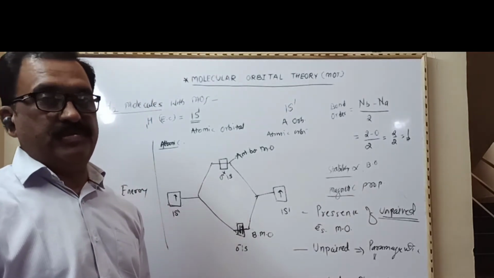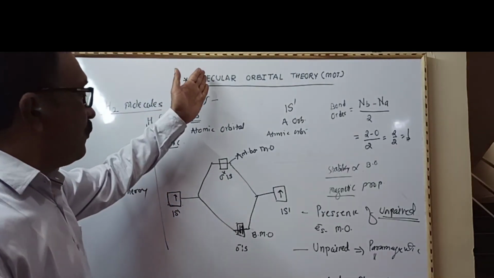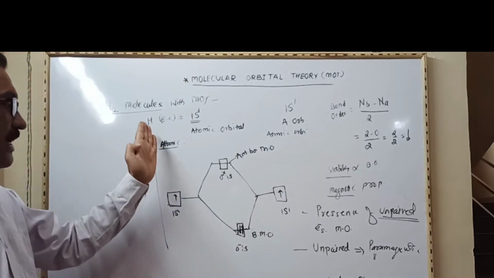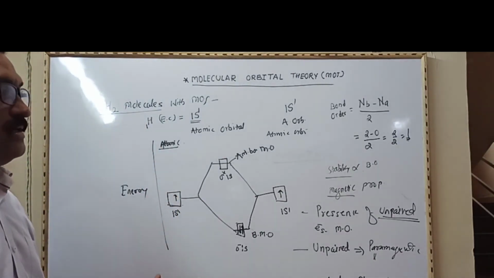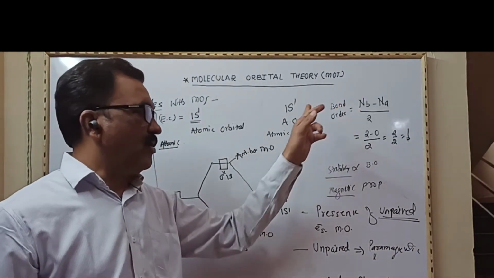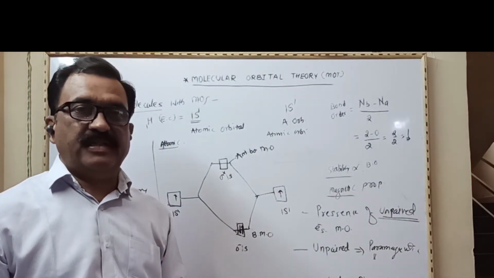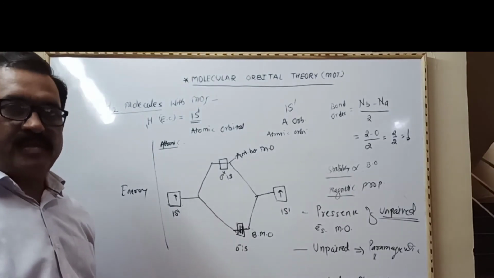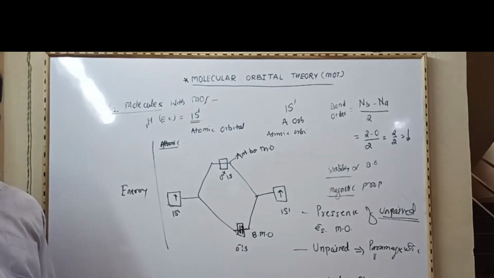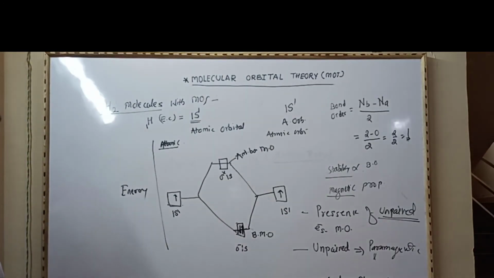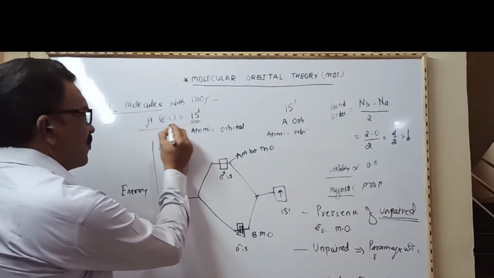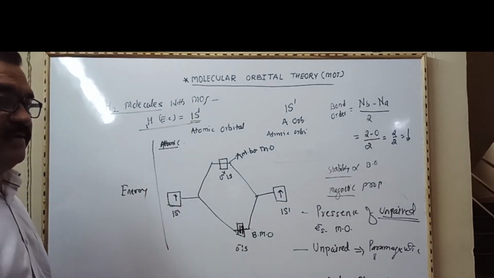So with the help of molecular orbital theory, we can explain the formation as well as bond order, bond stability, and magnetic property. Lastly, we can write the electronic configuration of the hydrogen molecule. This is the electronic configuration of a hydrogen atom.